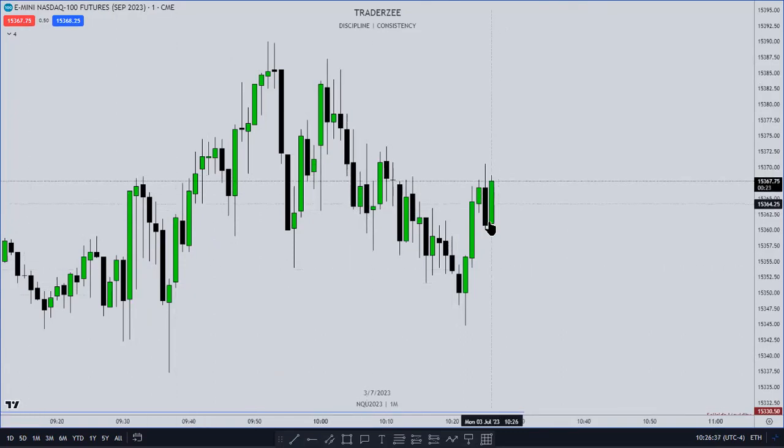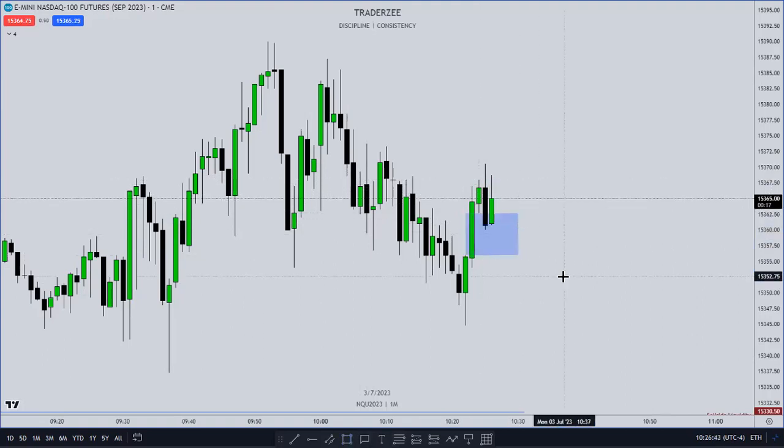Fair value gap, looks like a 2022 model, doesn't it? Market structure shift, fair value gap.